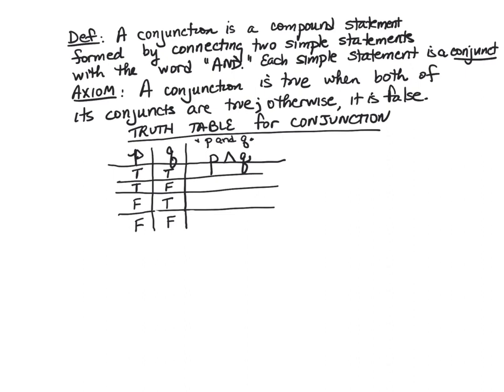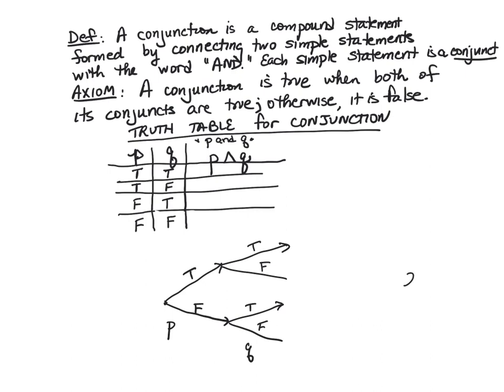And it's like a tree diagram. So when we have the first statement, P, that could be true or false. And when we have our second simple statement, Q, that could be true or false. So by the counting principle, we see that there are 4 possibilities.